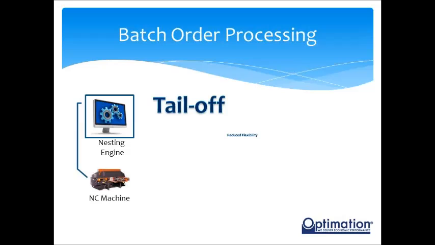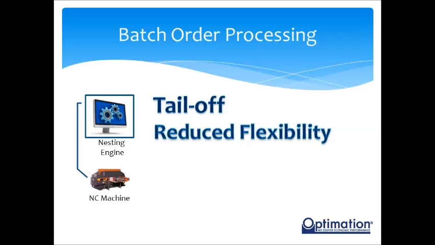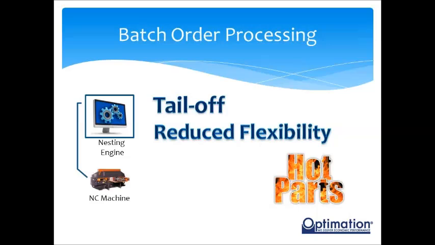Also, batch order processing reduces your flexibility significantly. For instance, if hot parts show up and you have a plan that includes 10 or 20 nests on the floor, it's very difficult to deal with that. There is a way to do it. You can pull those nests back and re-nest them and create a new plan with the hot parts included.